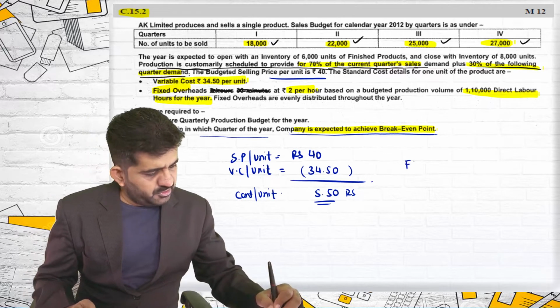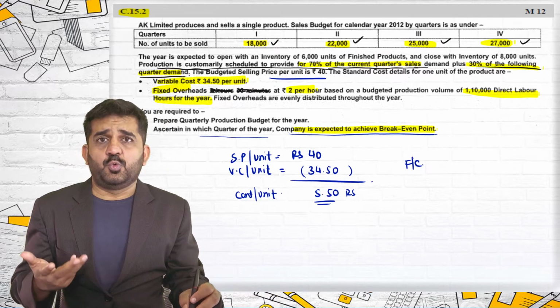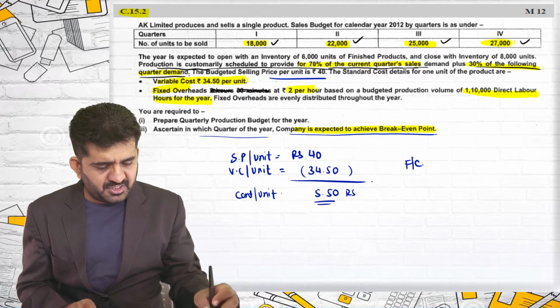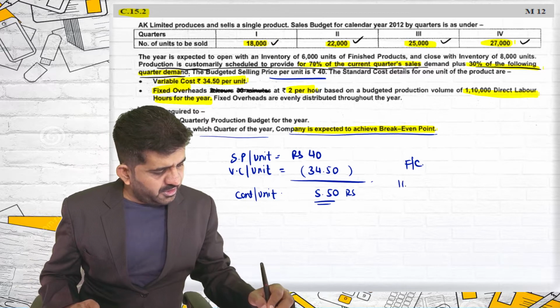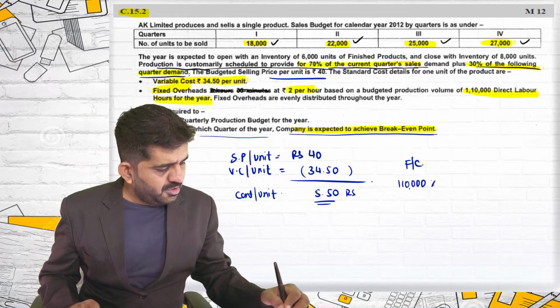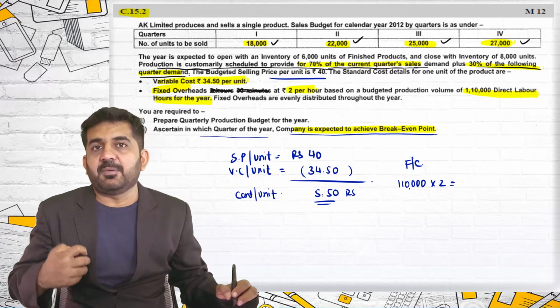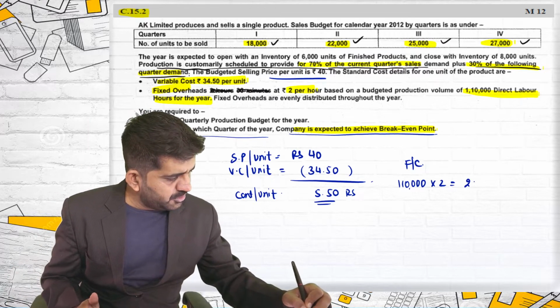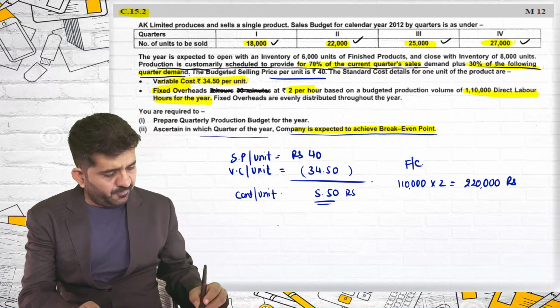My fixed cost. Now understand, some details over here are given, that is 2.5 years. I think it is some mistake which is given. It is 2 per hour of 1,10,000 labor hours. So per annum, my fixed cost will be 1,10,000 labor hours multiplied by 2 absorption rate, which is 2,20,000 rupees. How to find out break even point?